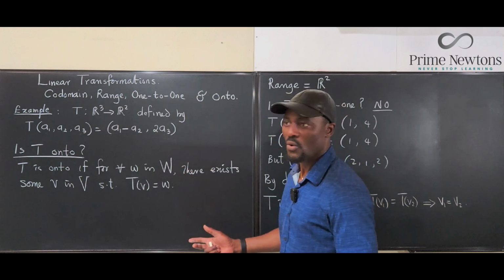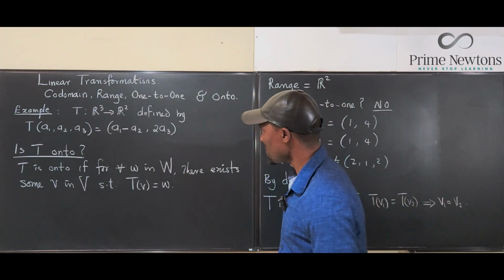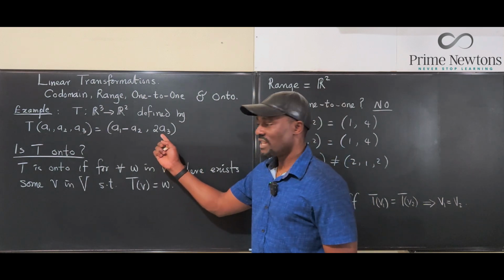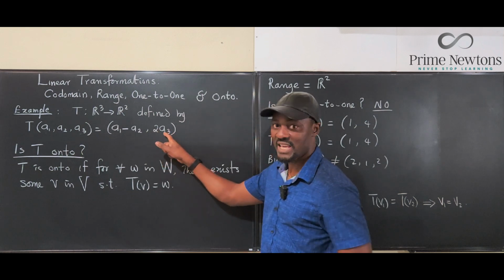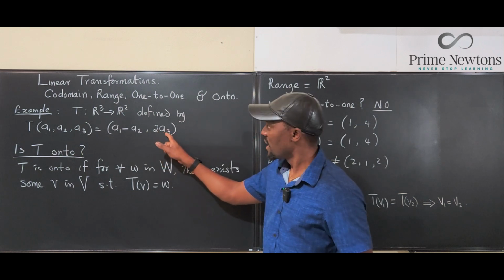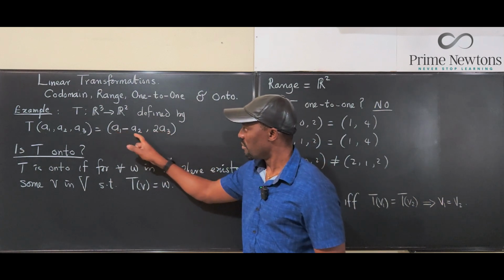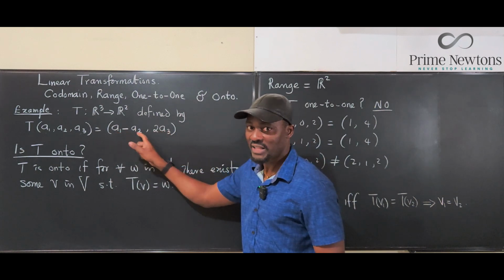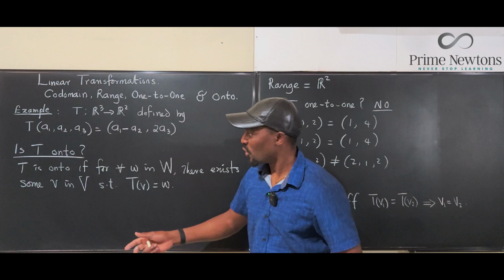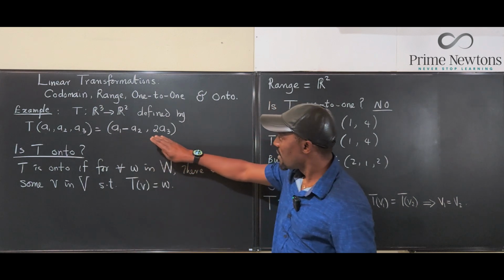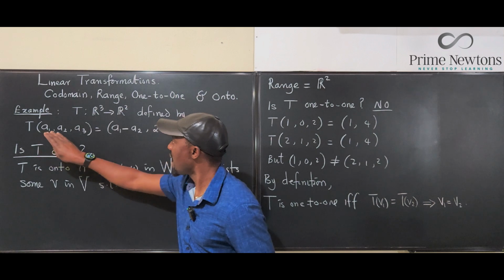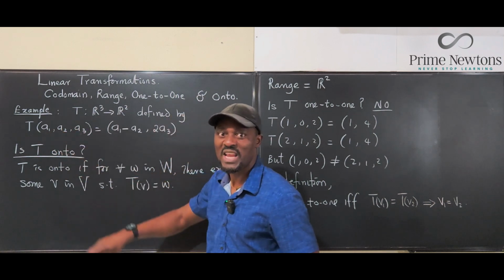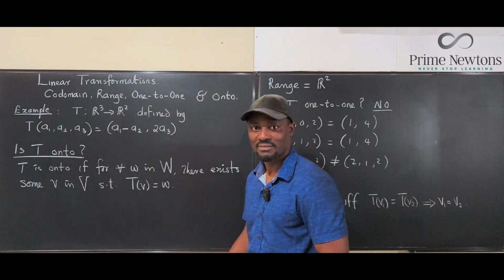Is this onto? Well, look. This can give you any real number. This alone will give you any real number since A is any real number. You can generate any real number by subtracting two real numbers. So there is no vector you can create that does not have A1, A2, A3 in R3 that can generate it.